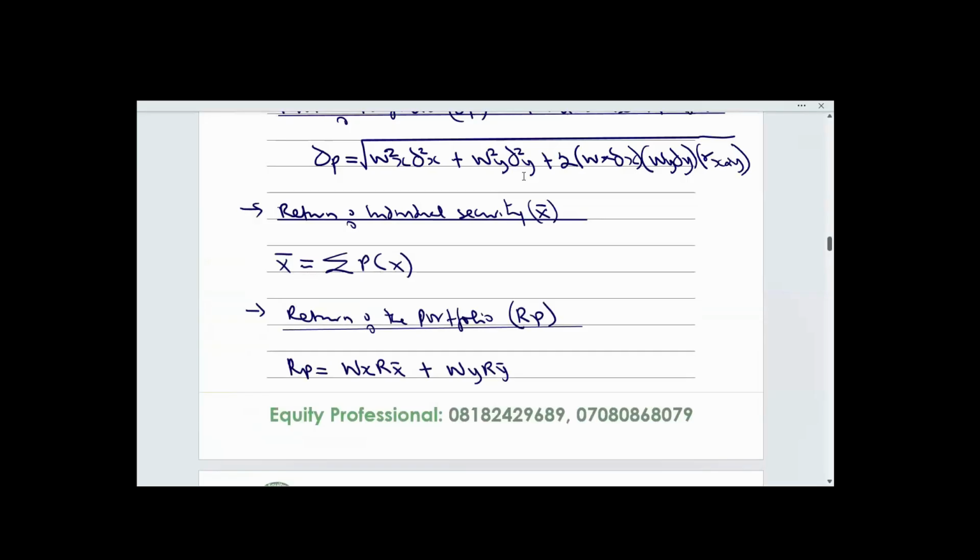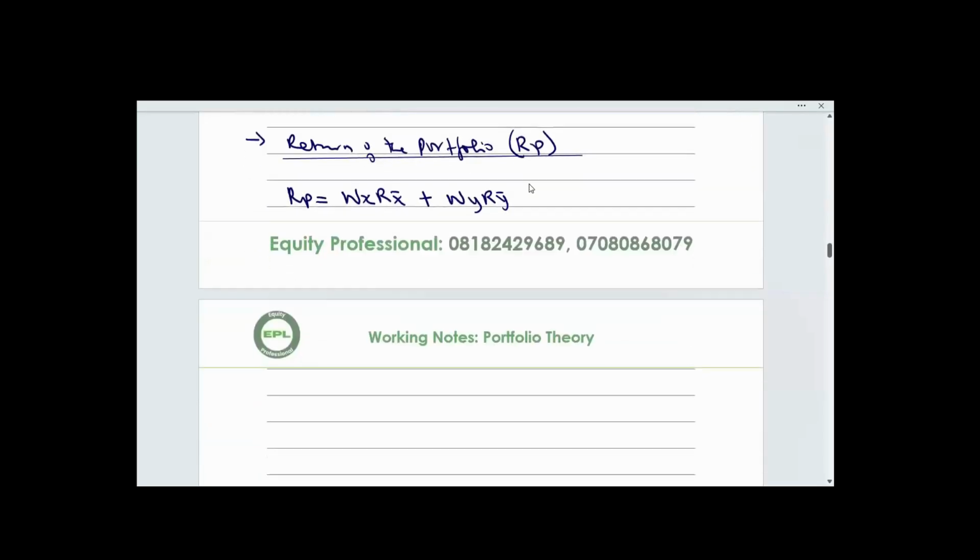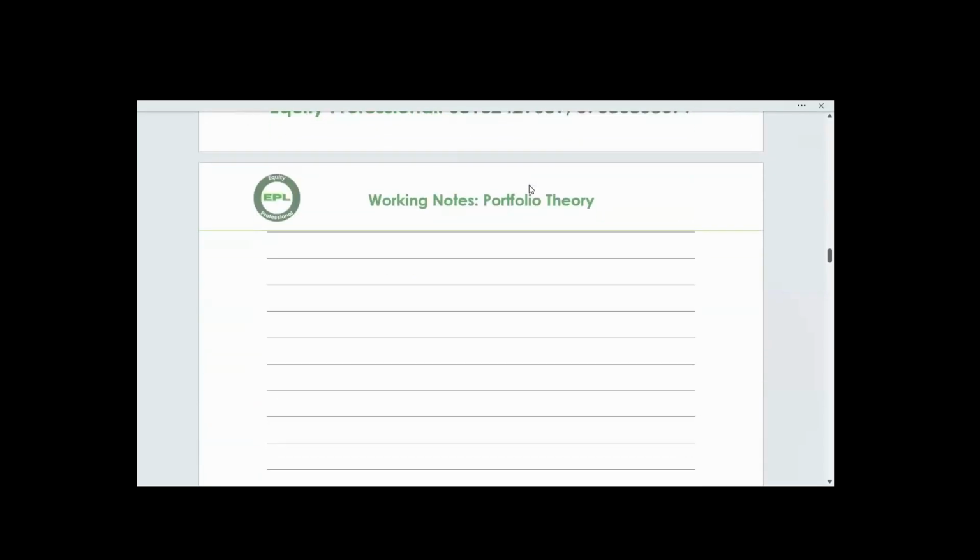Finally, we talk about correlation coefficients, denoted as R. The correlation coefficient measures the relationship that exists between securities in a portfolio.